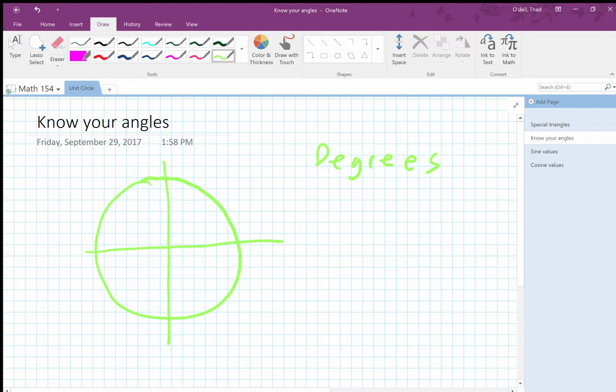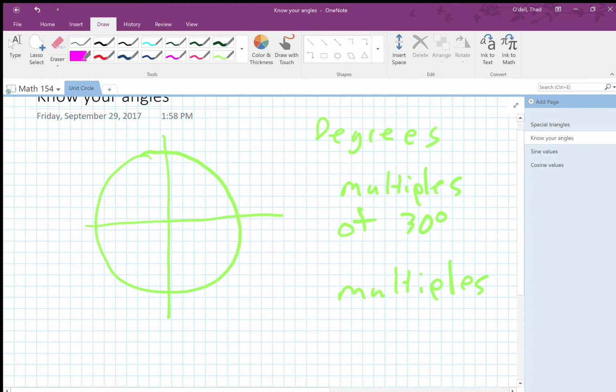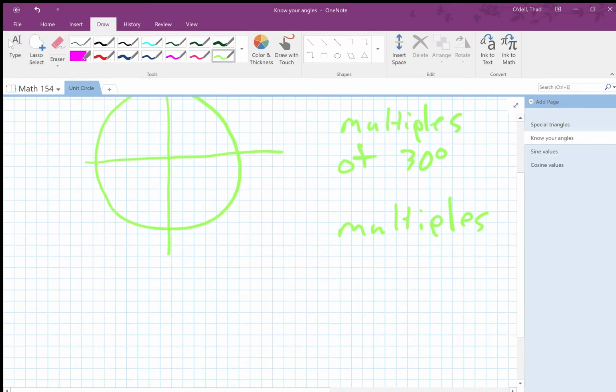The 2 kinds of angles we're interested in, the 2 families of angles, are multiples of 30 degrees and multiples of 45 degrees.